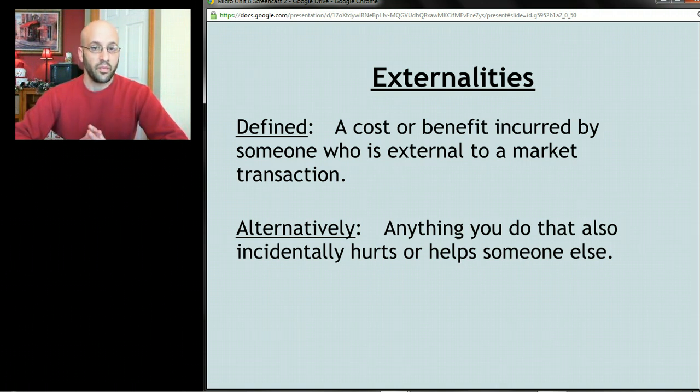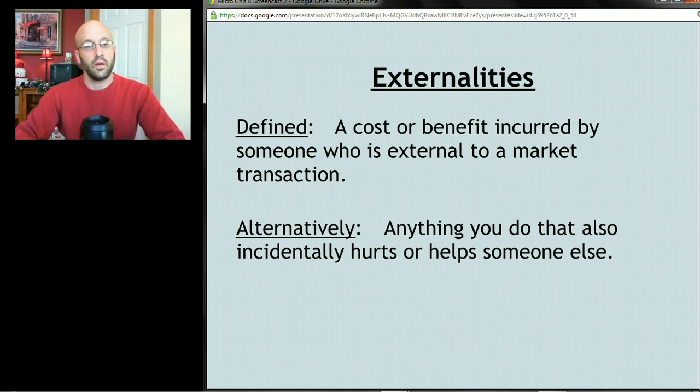So when I go to the store to buy something, like let's say a cup of coffee, there are benefits that I'm expecting to receive from the coffee. There's a cost of purchasing the coffee. An externality is any way that my purchasing coffee might affect other people, might impose a benefit or cost on other people. So for example, a lot of coffee plantations have really low-paid, low-skilled workers.